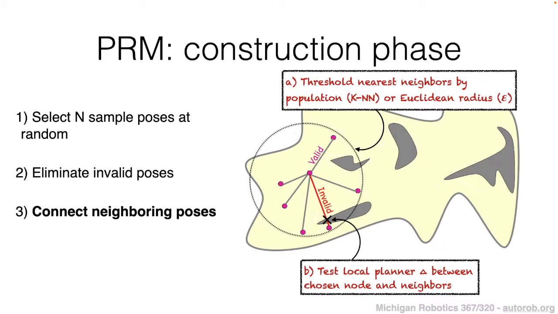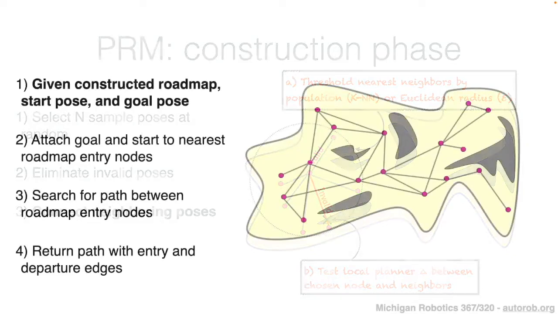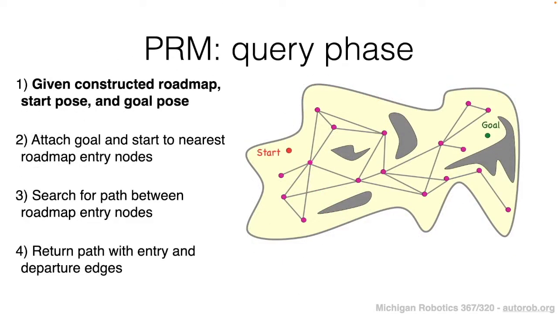As long as those neighboring points are reachable, we would then add an edge to our roadmap, connecting those two vertices that are the points we sampled in the first step. At that point, we would have constructed a roadmap, which is represented as this collection of nodes and edges in a graph.